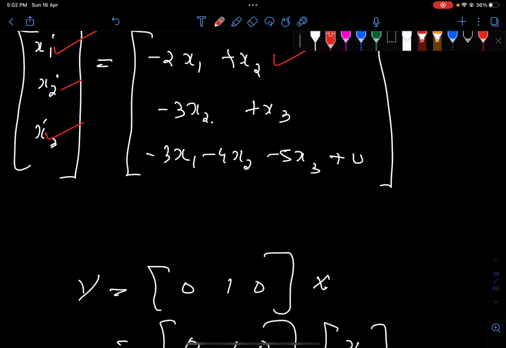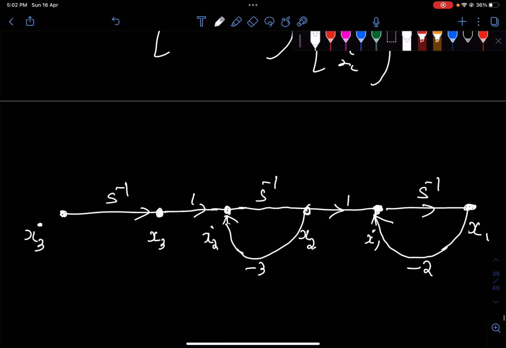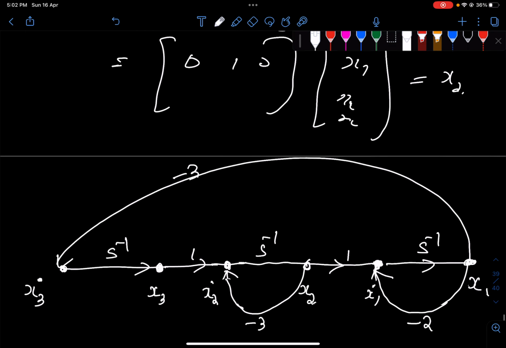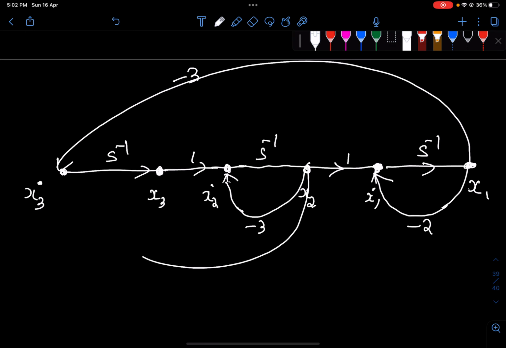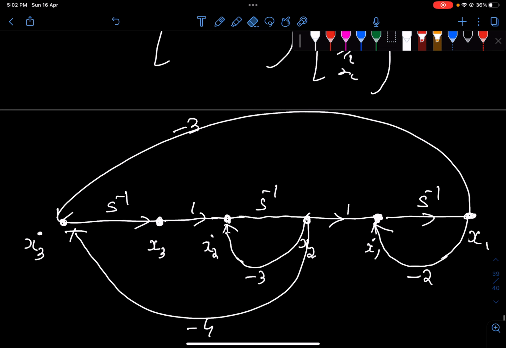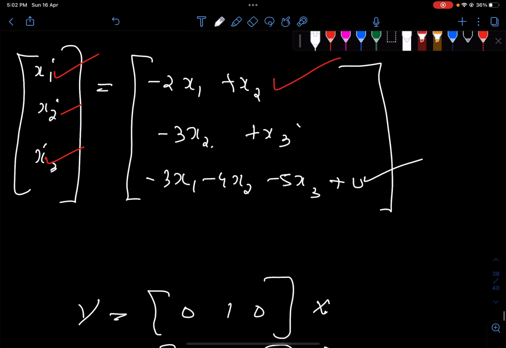For x3 dot, we have minus 3 times x1, as well as minus 4 times x2, and the incoming is minus 5 times x3 plus u. So this is u. So that is completed. Now this part also completed, this part also completed.